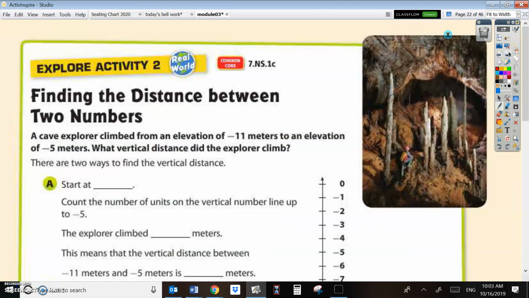Okay, now we're on page 78. A cave explorer climbed from an elevation of -11 to an elevation of -5. So they were negative, but they're climbing up. So starting at -11, count the number of units, vertical number line, up to -5.